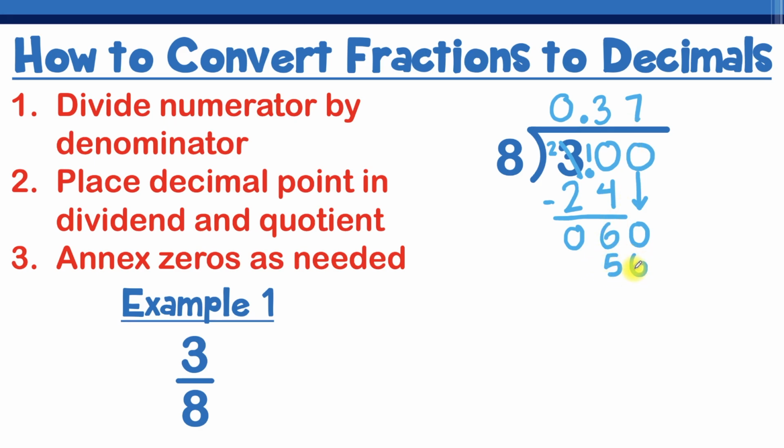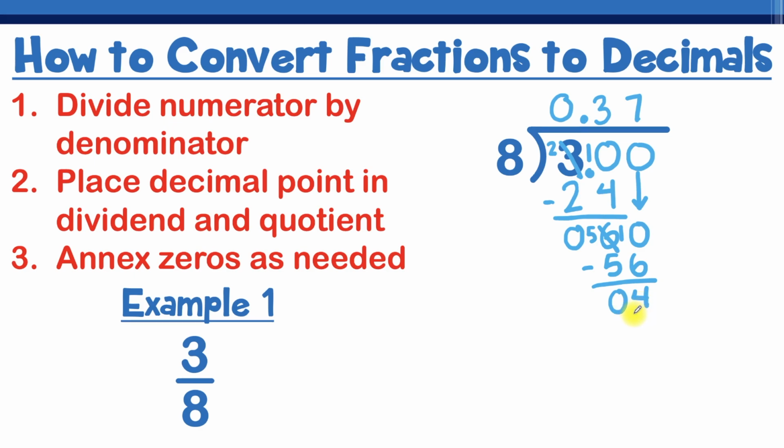I'll write that here. I'll subtract it. I've got to borrow from the 6, so the 6 becomes a 5, and the 0 becomes a 10. Now we've got 10 minus 6, which is 4, and 5 minus 5, which is 0.